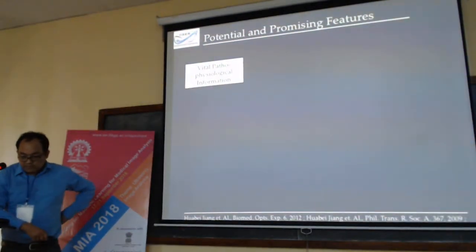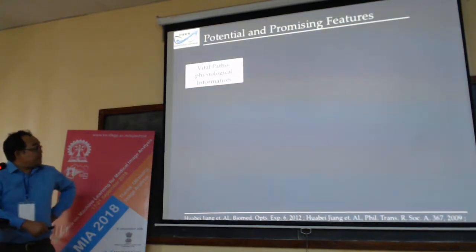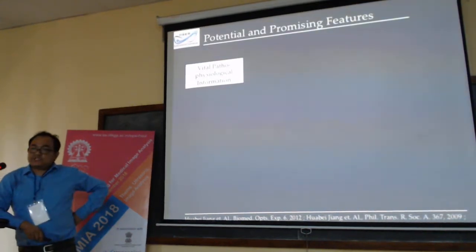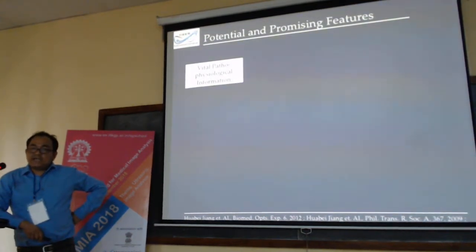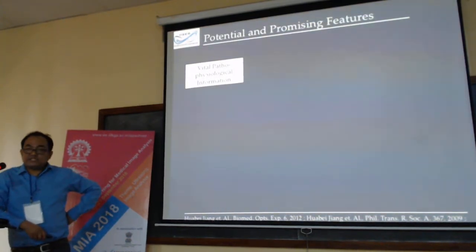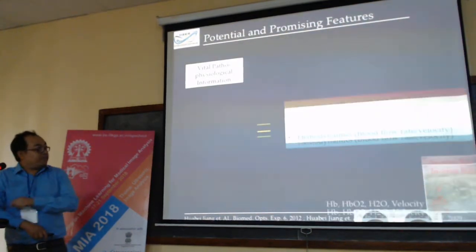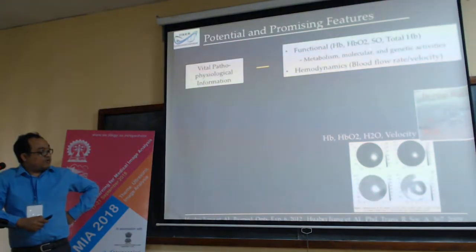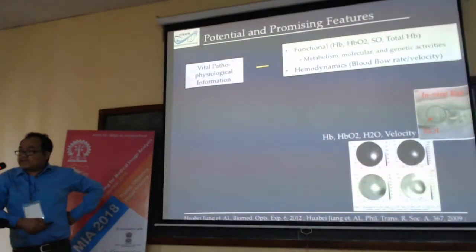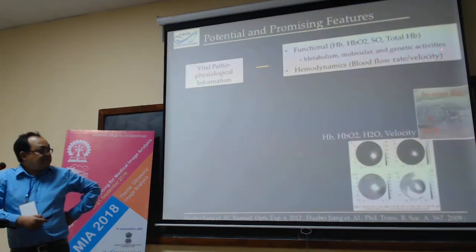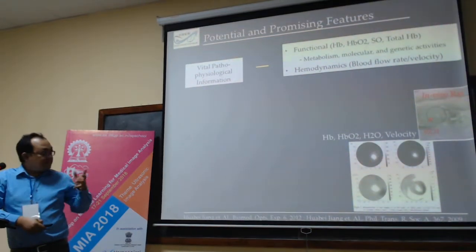So next, another very important feature of photoacoustic imaging is that it gives the pathophysiological information of the tissues, in the sense that it can provide physiological information related to the pathological state of the tissues through the measurements of functional parameters, like hemoglobin, oxygenated hemoglobin, total hemoglobin, that control biological activities like metabolism, molecular genetic activities, and the hemodynamic flow of the blood.